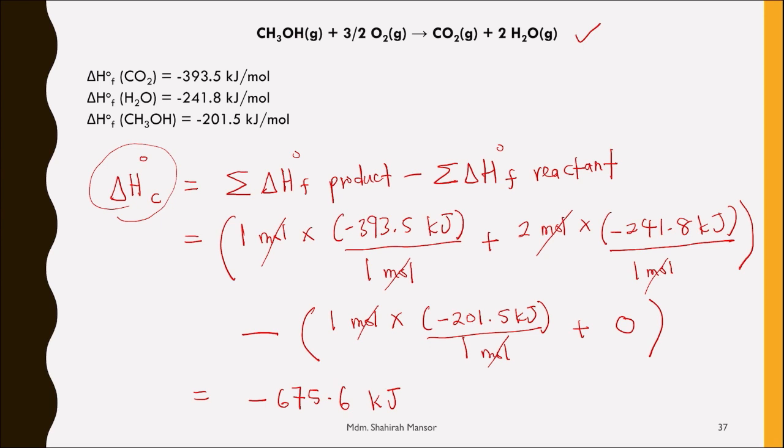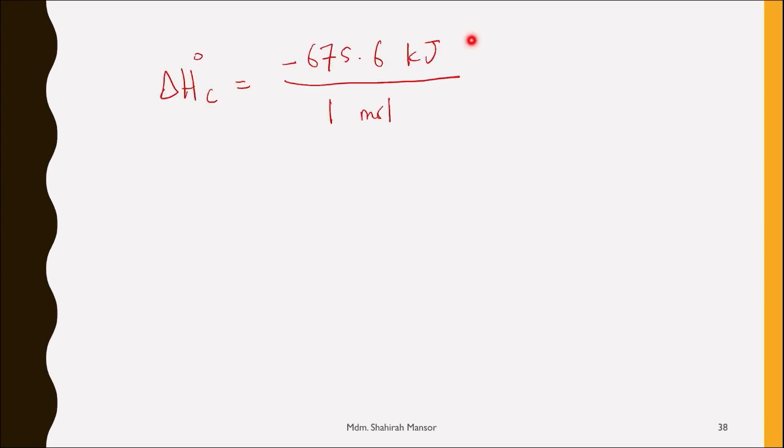So you are going to divide the value that you have calculated previously by 1 mole of the methanol burned just now. So your answer will be negative 675.6, the same figure but in units of kilojoule per mole. Why do we need to have this per mole?